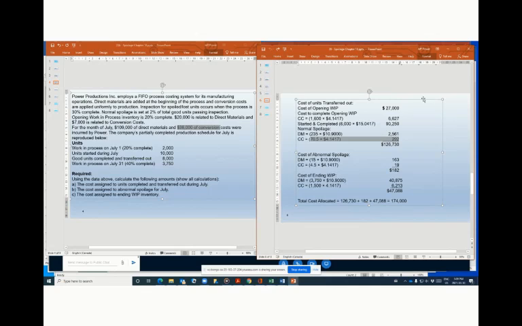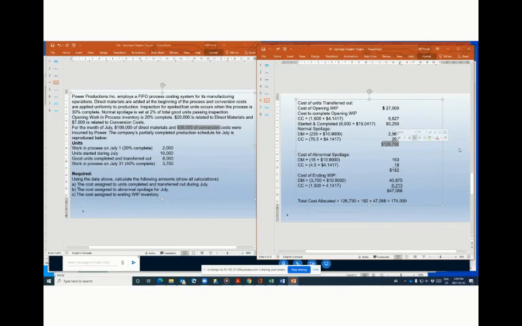And I incorporate that in with the 8,000 units of good stuff, plus the cost of the 235 units of normally acceptable trash. Gets me 126,730.